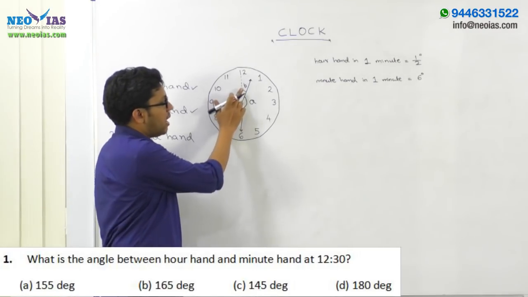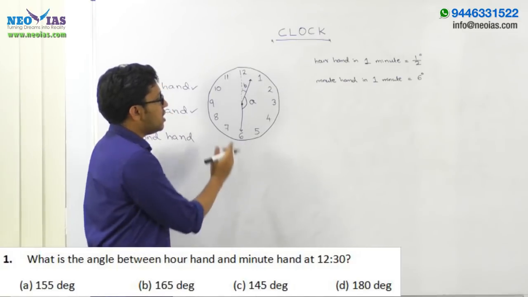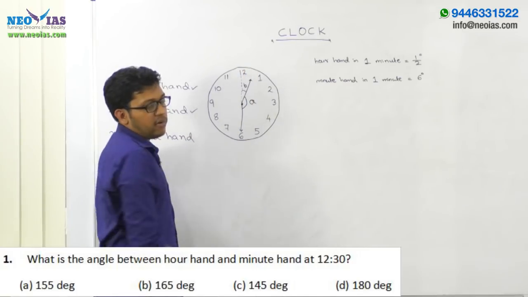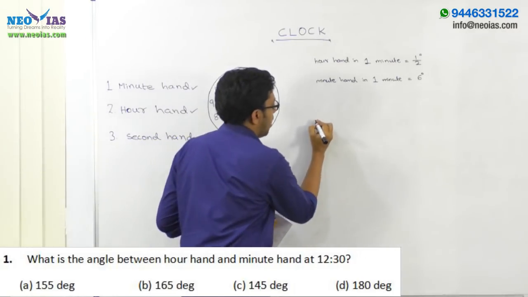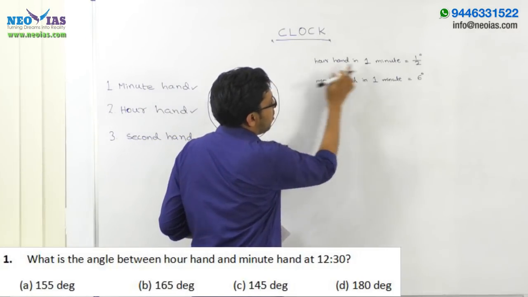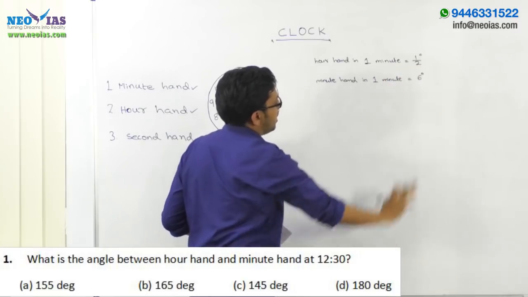The value of angle B is the angle swept by the hour hand in half an hour. What will be the angle swept by the hour hand in half an hour? Angle swept by the hour hand in 1 minute is half degree.